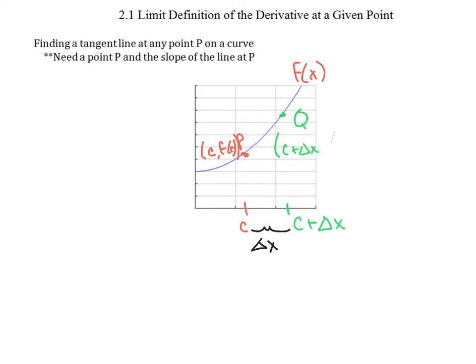The output is going to be f of c plus delta x. So we can then use those 2 points to find an equation of a line that connects the two. Now if you think about this, when I'm connecting 2 points on a curve, I hope that you remember that that is called the secant line to the curve.